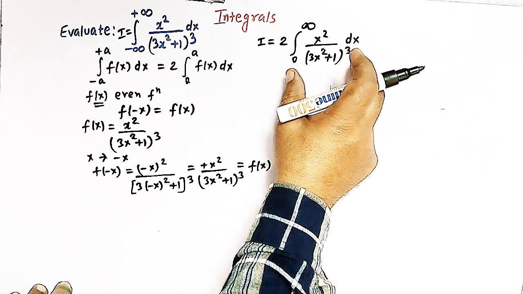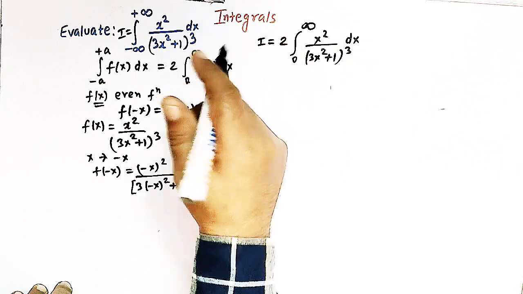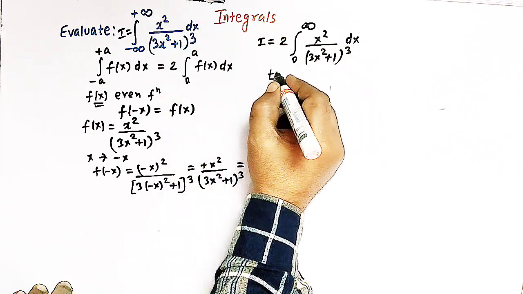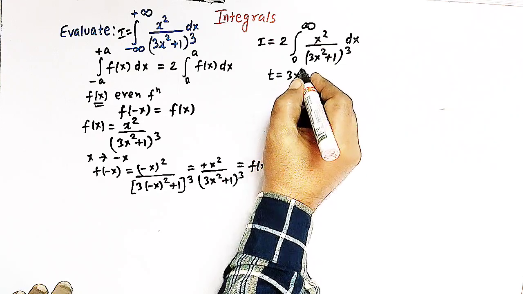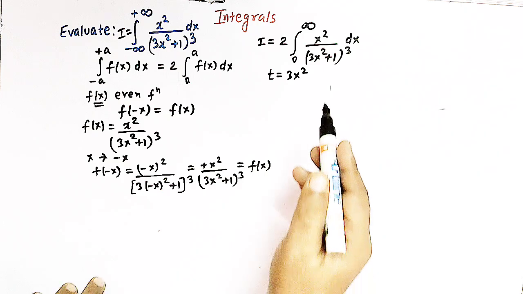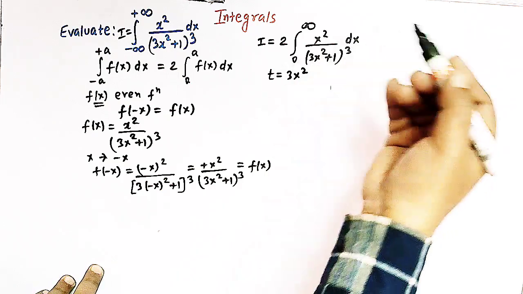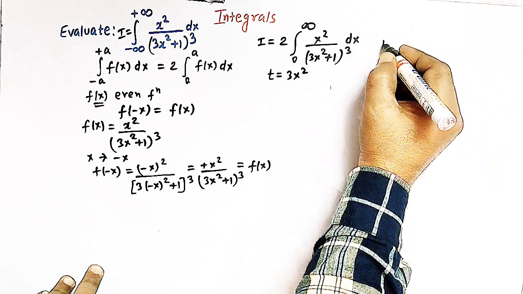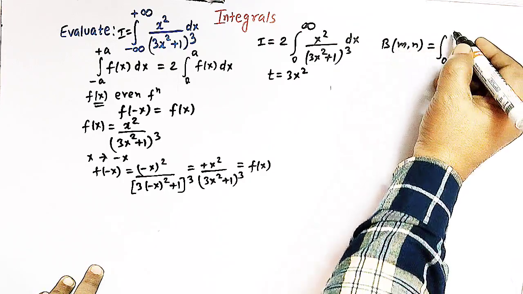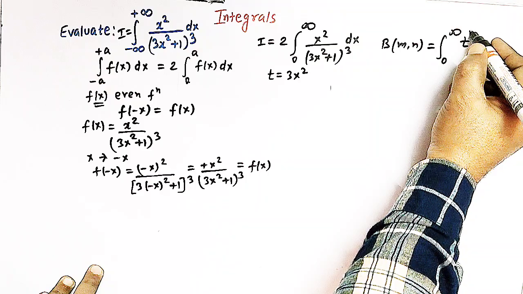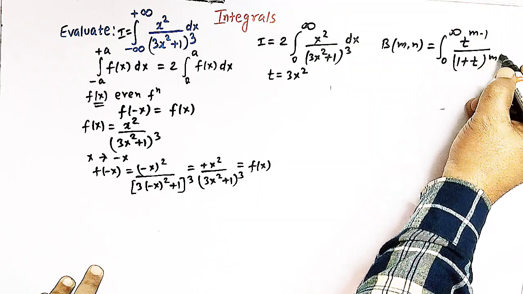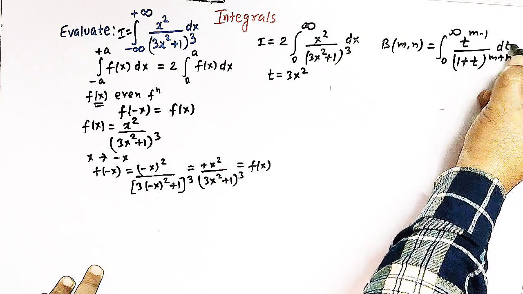And now we'll apply the method of substitution. So let us substitute t is equal to 3x square, so that using this substitution we can reduce this integral into the beta function, that is, beta of m comma n is given by the integral from 0 to infinity of t raised to m minus 1 over (1 plus t) raised to m plus n dt, right?